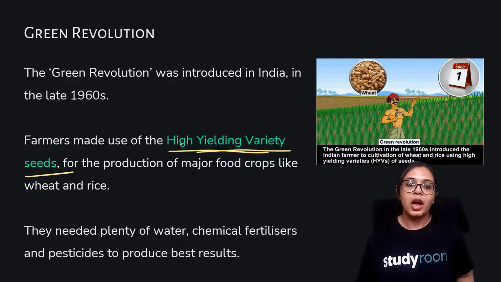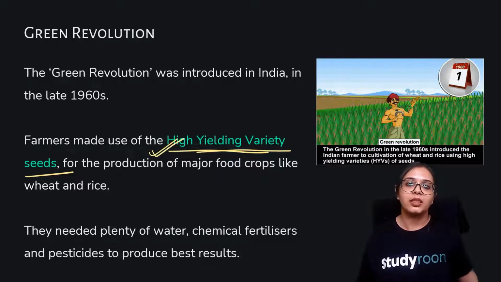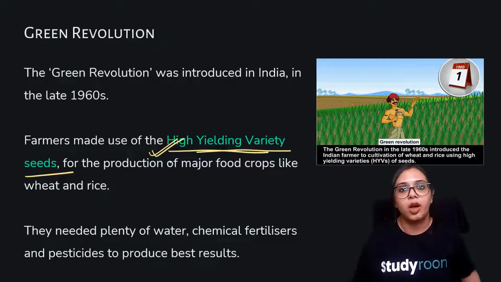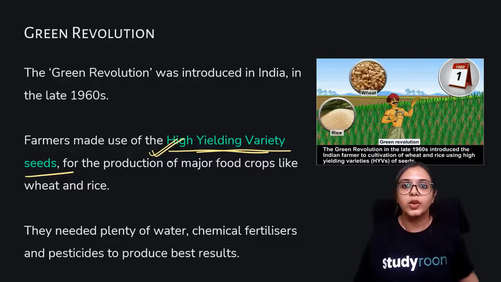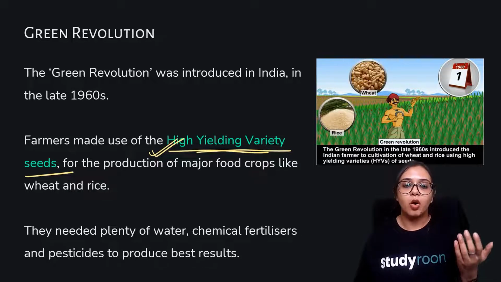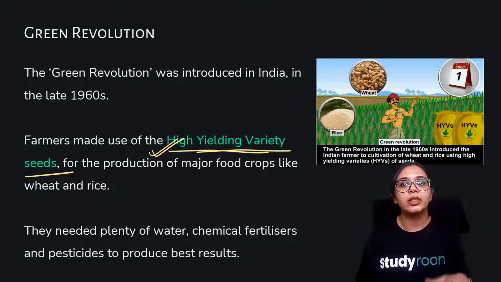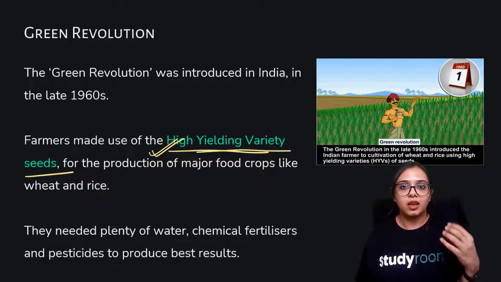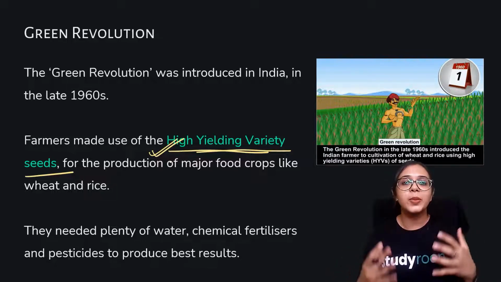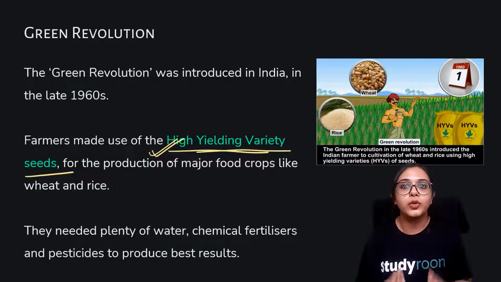Okay, so high yielding variety seeds, by the name you may understand that it will also require a high amount of manure, a high amount of fertilizers. Fertilizers, why? So that the food that is growing inside the soil is meeting its requirement of nutrients.